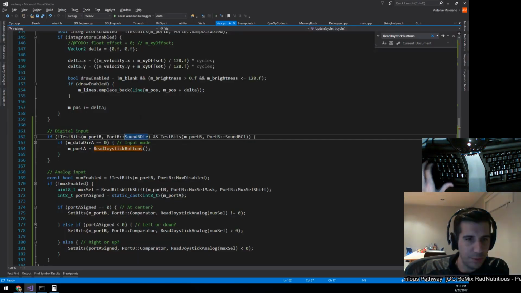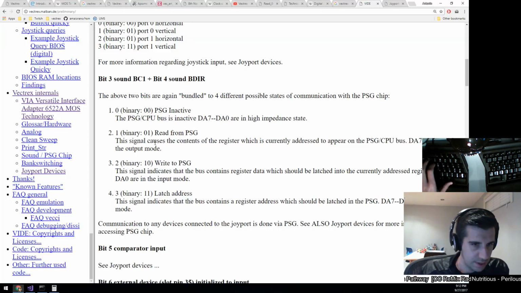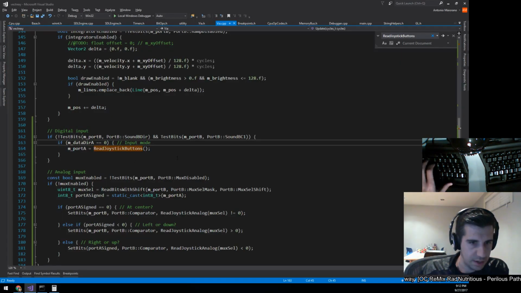Okay, so what this is saying is that this is a mode where whatever we put into, let me see here, did I get that right? BC1, yeah, BC1 is on.